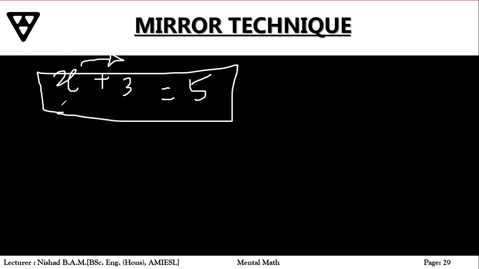Most of the students, when they are solving that problem, put an equal sign like this, and then they write x is equal to 5 minus 3, because they say that they have sent this 3 towards this side, then it will be 5 minus 3.